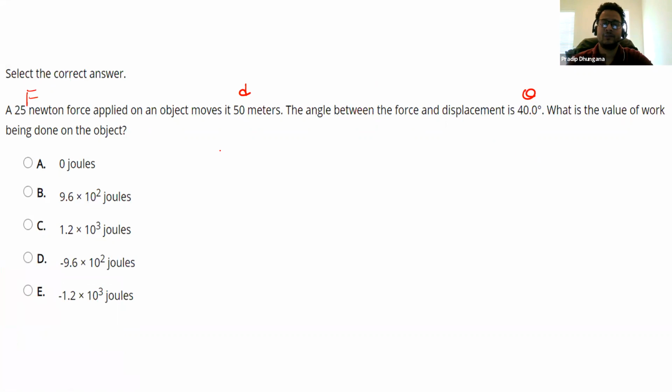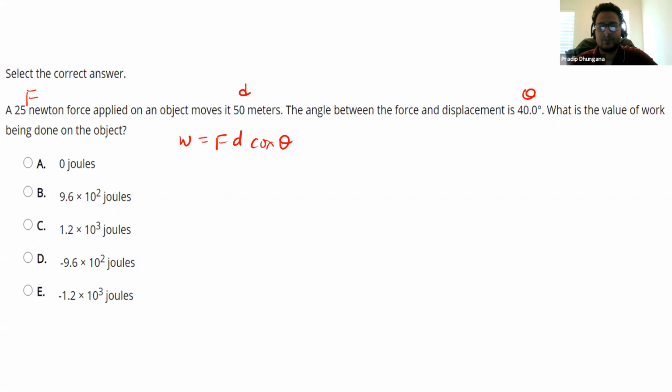So work done is the product of force, displacement, and cosine of the angle between force and displacement. In that way, we can calculate work.